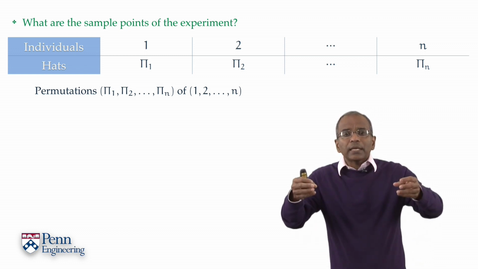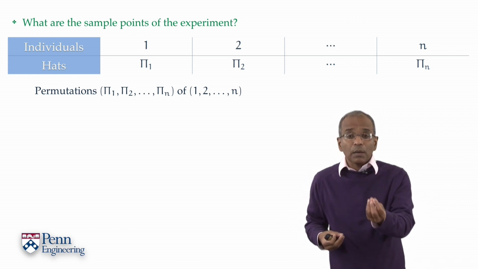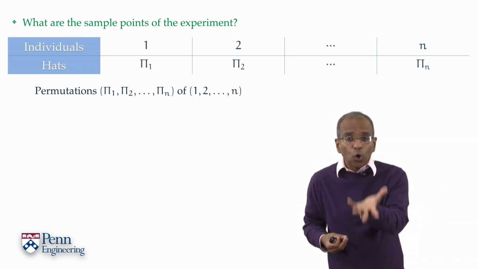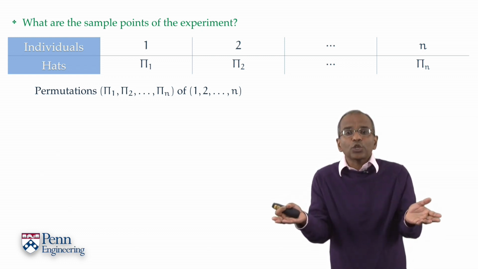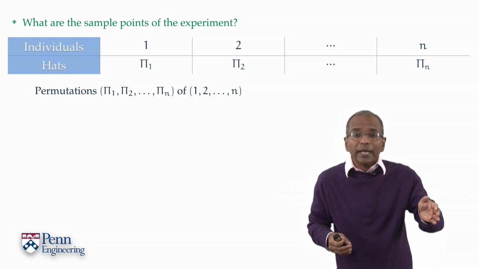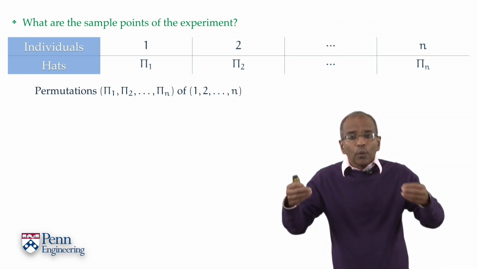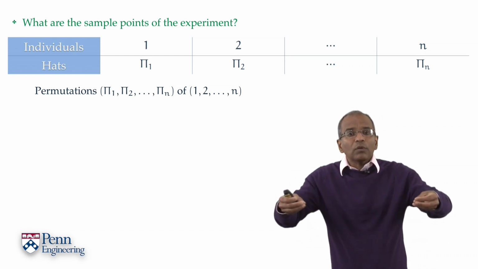Each permutation then gives rise to a sample point. Remember, to specify a sample point, you have to give me an object whose specification eliminates all chance connotations for the problem. The moment you tell me all the values pi 1 through pi n, I know precisely which hat each of the individuals received, and there's nothing now left to chance.